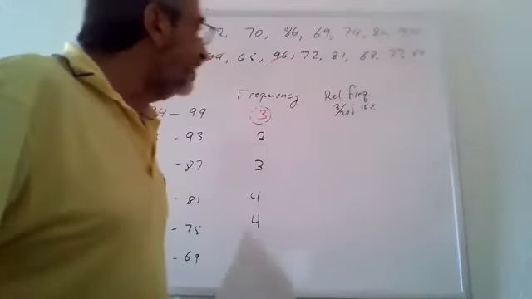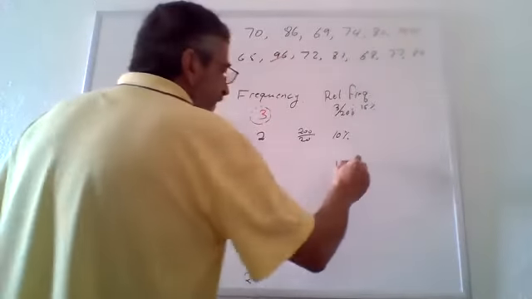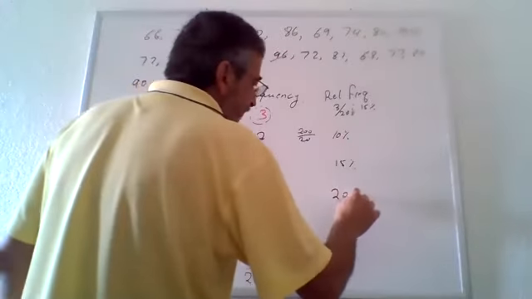Again, it will be 200 divided by 20. Remember, take the 2, multiply it by 100, that gives you 200 divided by 20. It's 10%. The 3 is again 15%. The 4 is simply what? 20%.